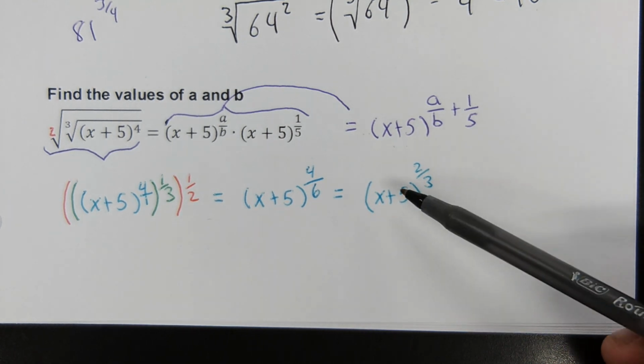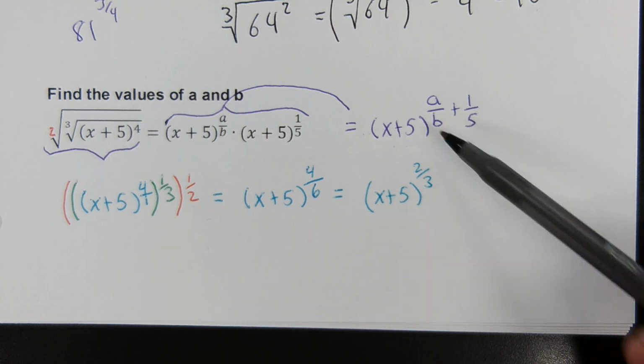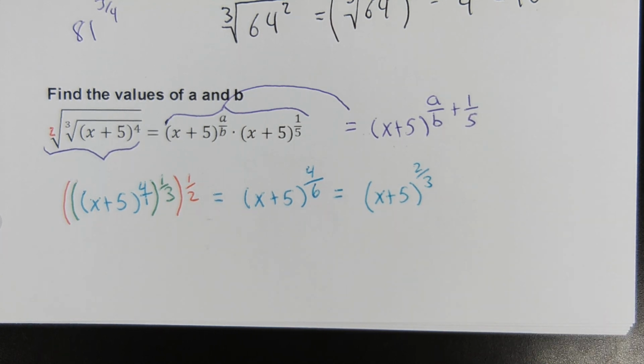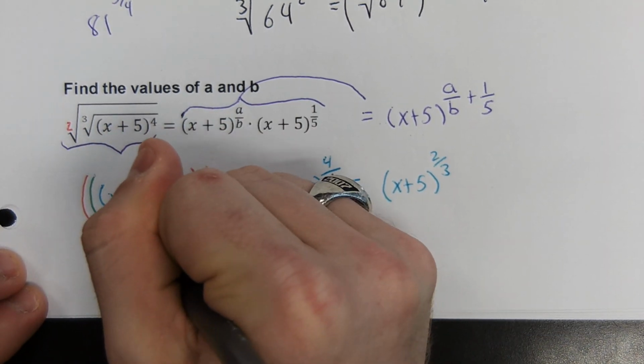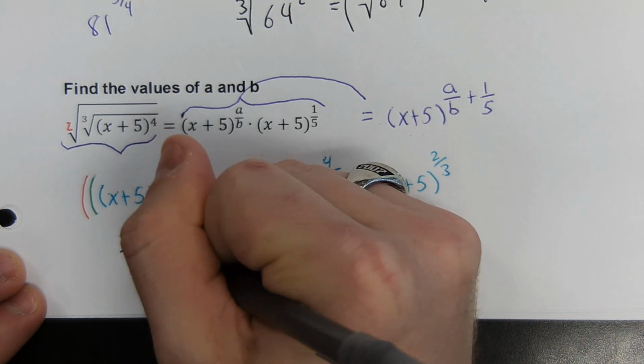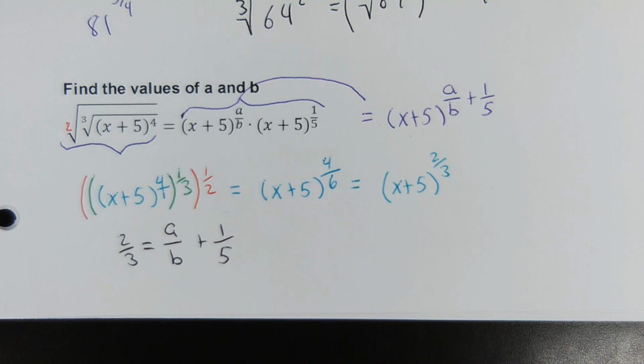So the only way that this blue thing equals this purple thing, the only way this and this are exactly the same thing, is if their exponents are the same, right? So what this question actually said was, can you solve this equation? This is what it actually said to do.